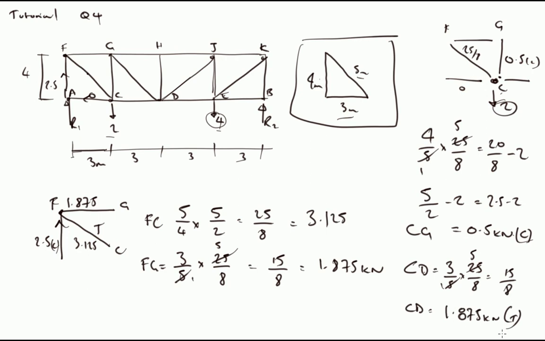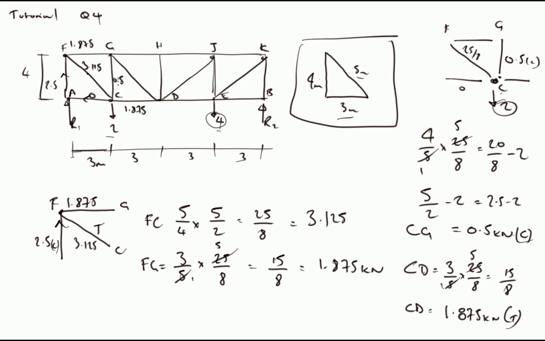So CD is 1.875, so I have 1.875 here. Let's keep on top of these. That's 25/8 in FC, which is 3.125. FG was 1.875, and I've also got GC as 0.5.